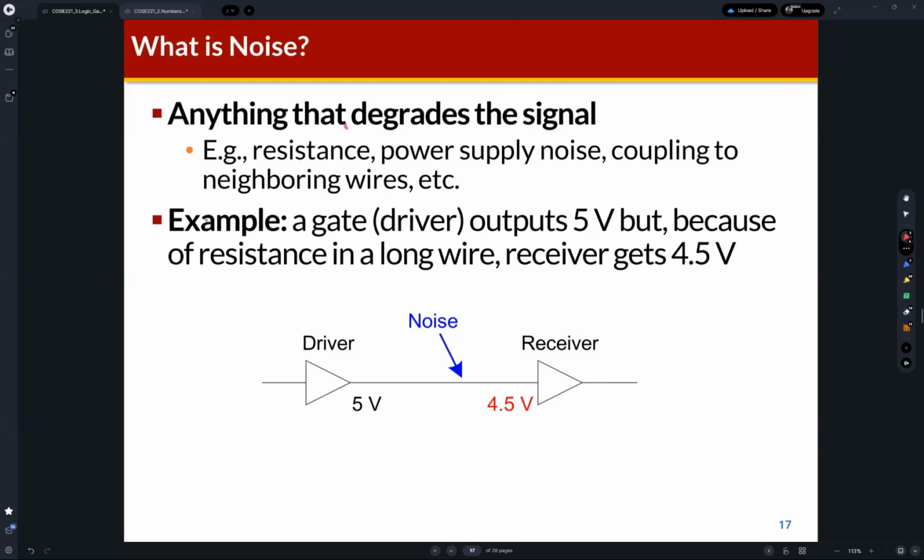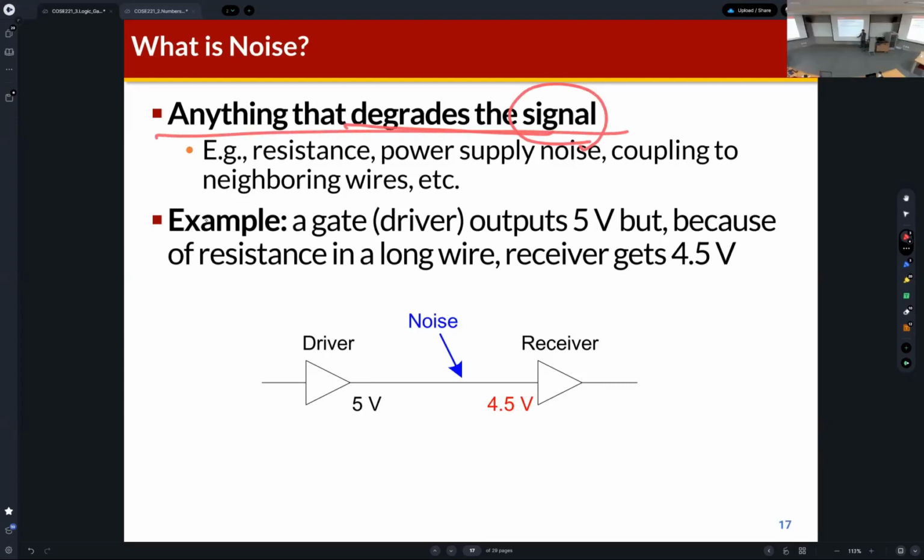Anything that degrades the real signal is called noise. In the real world, noise means annoying sound, but in a real circuit or system, noise means any signal that distorts the real signal.